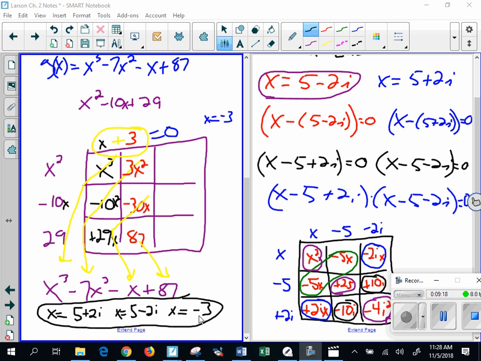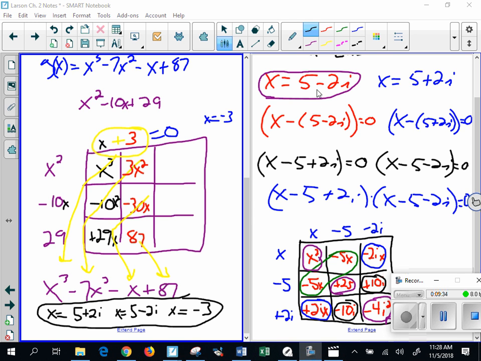So just to quickly summarize, if we know one complex root, we should be able to find the other complex root. They have to be conjugates because of the plus or minus in the quadratic formula.